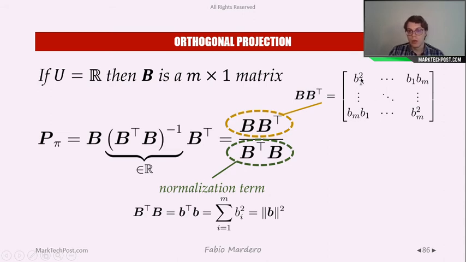In particular, remembering how we defined b, this is the matrix. What we get here instead, in the green term, is a normalization term. It is the sum of the squares of the coefficients, so it's the squared norm. We are normalizing this matrix.